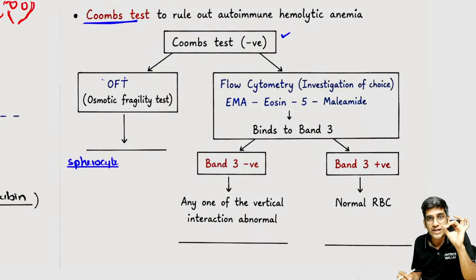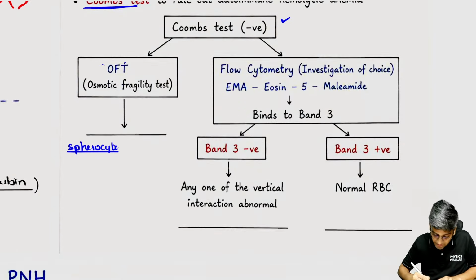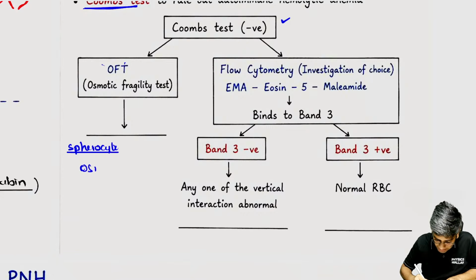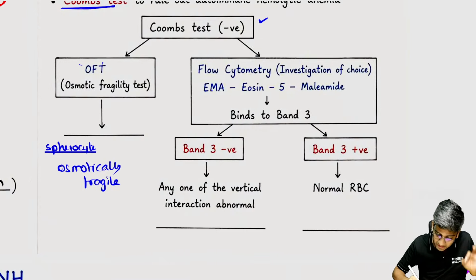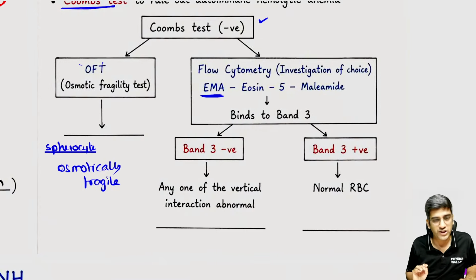So what will happen if they are swollen? They will rupture. Spherocytes are osmotically more fragile cells. Again, it might not give me an extra clue beyond what I see in the peripheral smear. If Coombs is negative, the investigation of choice is EMA flow cytometry.